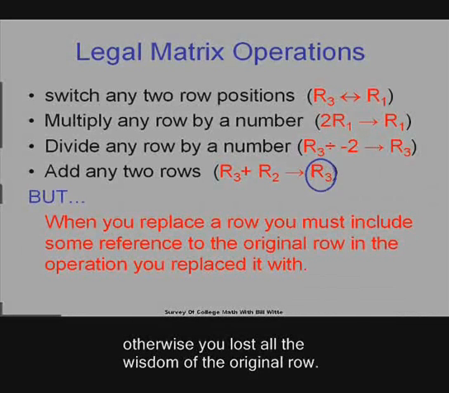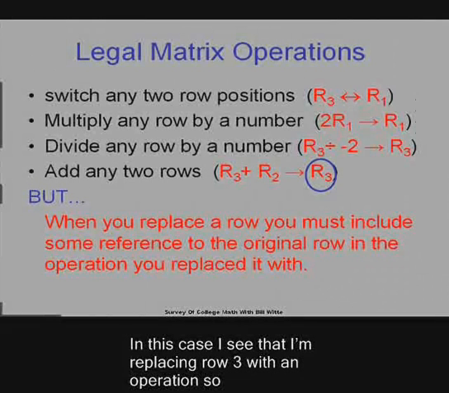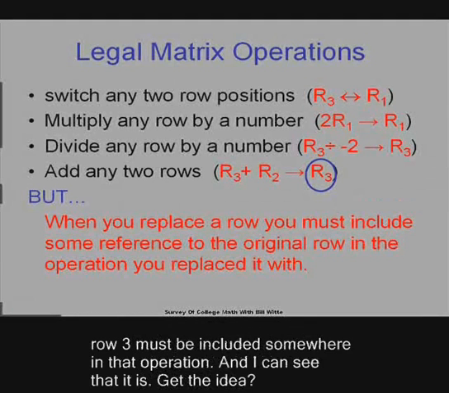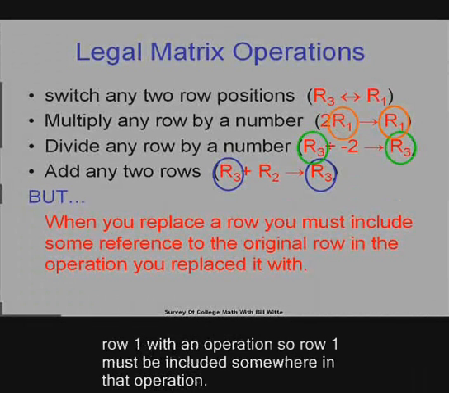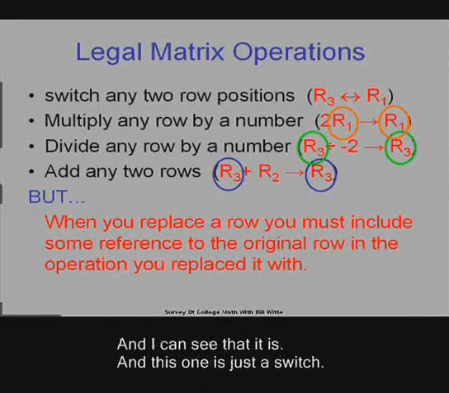Like, for instance, in this case, if I'm going to replace row 3, row 3 better be in the equation that I had, and I see that it is. Okay? Get the idea? Row 1 better be in the original operation, whatever you get replaced. Now, the other one is a switch. That's not going to be a problem.